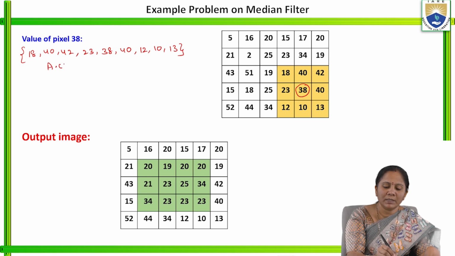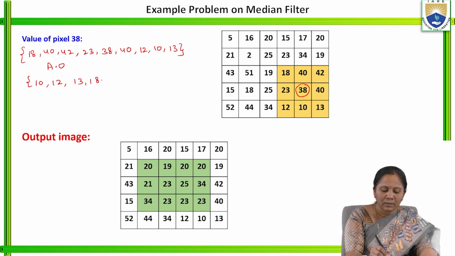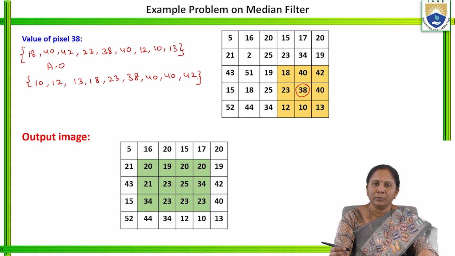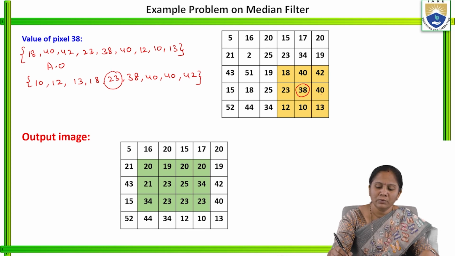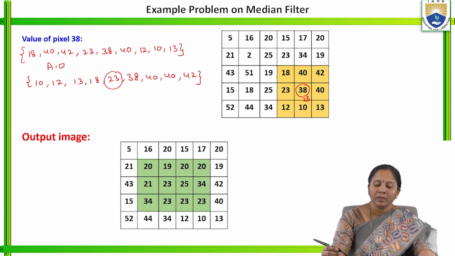Next, arrange them in the ascending order. So for 38, ascending order is 10, 12, 13, 18, 23, 38, 40, 40, 42. So among all these values, this 23 is the center pixel value. So this 38 will be replaced with 23.